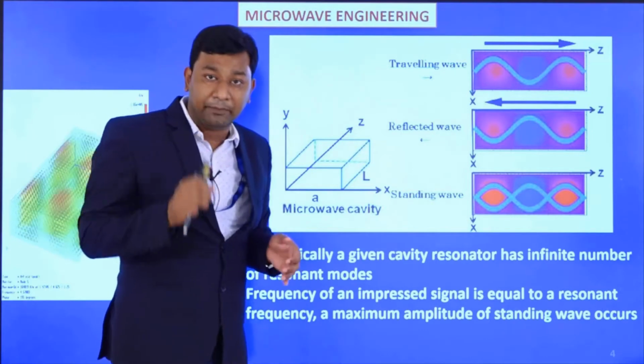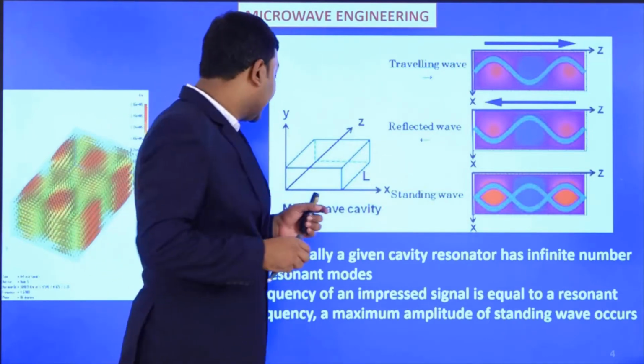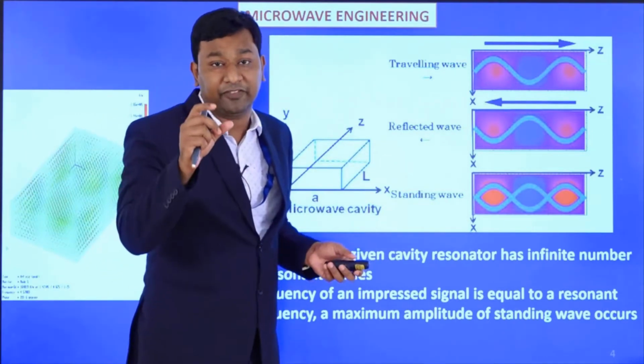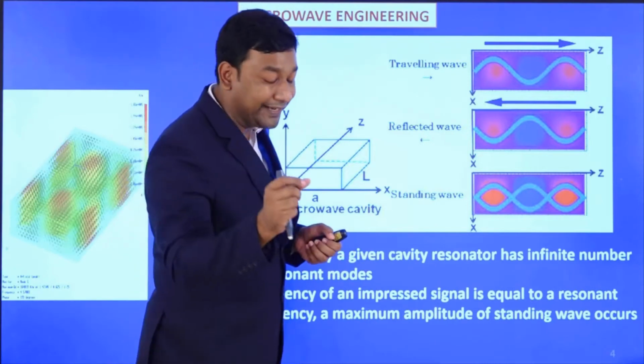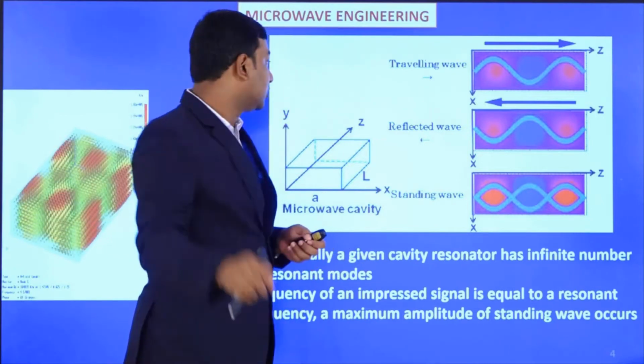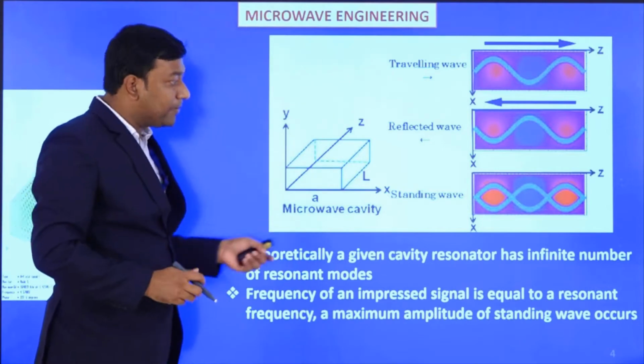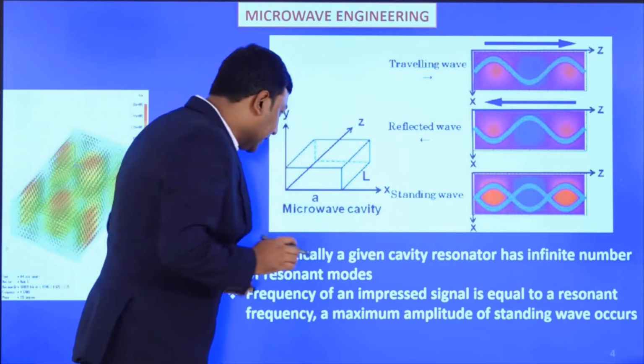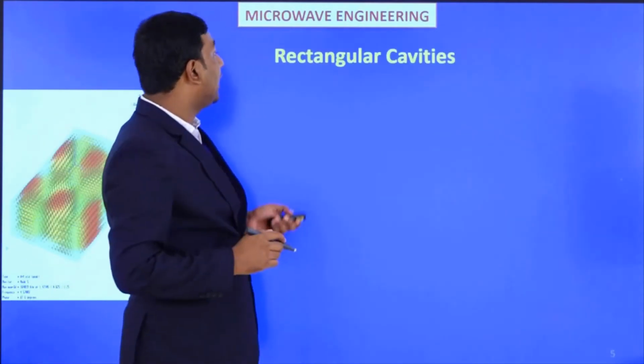Due to the maximum amplitude, the electric field intensity as well as the magnetic field intensity at that particular point will be the same. That is the cavity resonator. Now we will see the rectangular cavities.